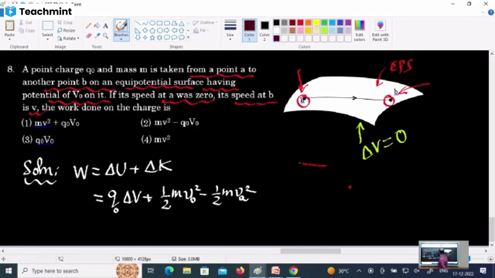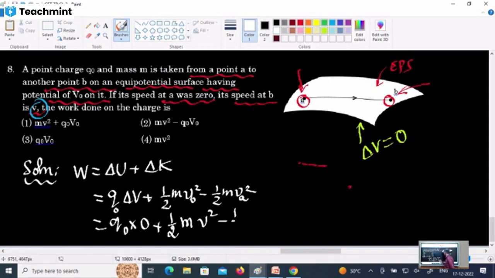So that makes Q naught times 0 for the first term, plus half m times the speed at B, which is small v, v square, minus half times mass times the speed at A, which is 0, 0 square. So the first and third terms vanish, and the work done only has half m v square.